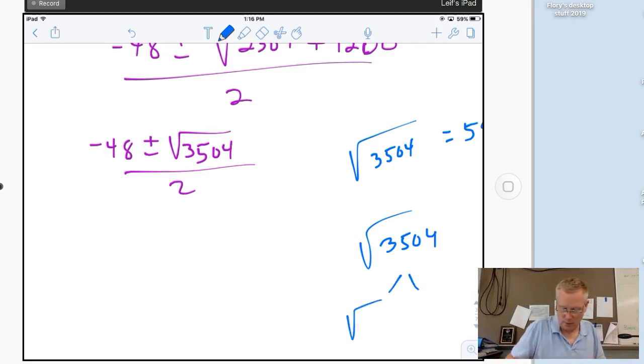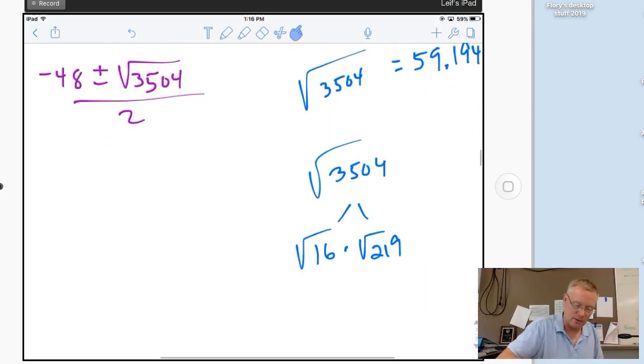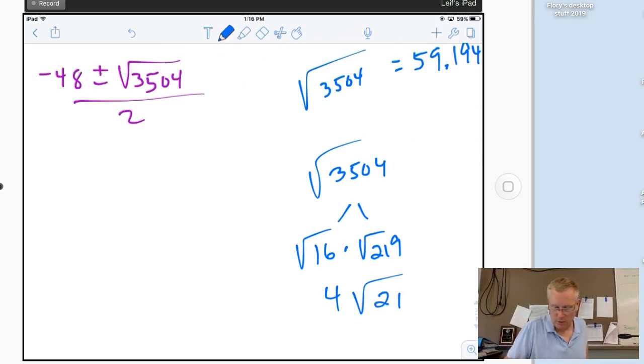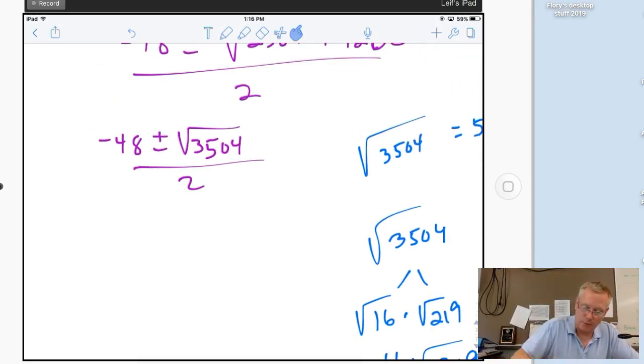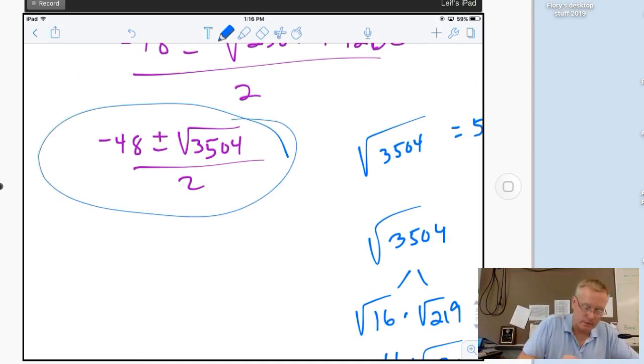So you could go square root of 16 and the square root of 219. This is like stuff we do in the future here. So square root of 16 is 4 times the square root of 219. But I wouldn't have been able to figure that out probably. Well, it would have taken me a lot of time. I could have, but this is what x equals, okay? In other words, I would just tend to leave it like that. As long as you know that's actually two answers.